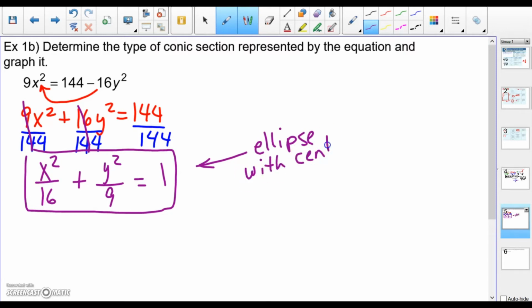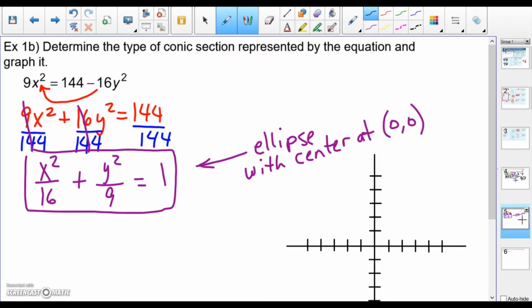With center as 0, 0. So let's draw our grid, and we want to graph this ellipse. It has a center at 0, 0. And you can see over here from the formula the a value is 4 and the b value is 3.